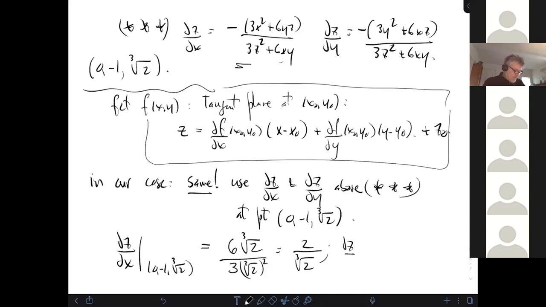And del z del y at this point, using this guy now, that's 0, so that will be minus 3 divided by 3 cube root of 2 squared. Does that look okay to you? Hopefully.